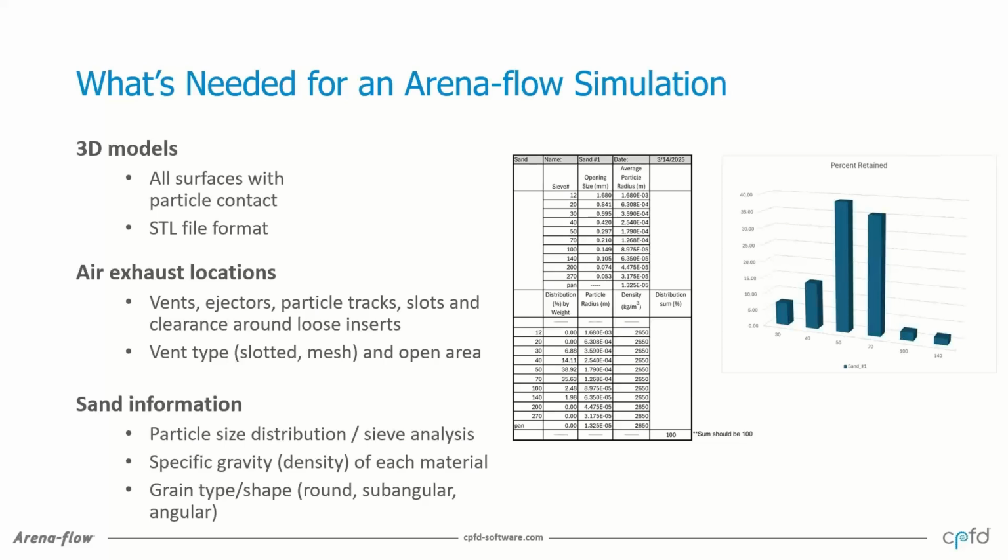And we can use any sand data, any pre-made sand, any ceramics, additives, sand mixes, zircon, silica, whichever. We can run those as separate or combined mixes, as long as we've got particle distribution and specific density data. We are happy to model those, and they can all be implemented into Arena-flow.